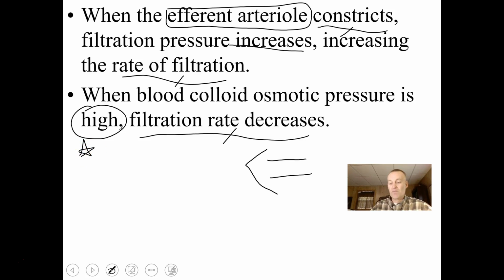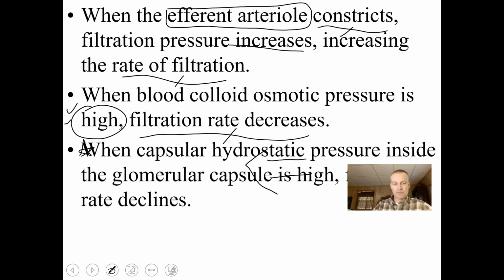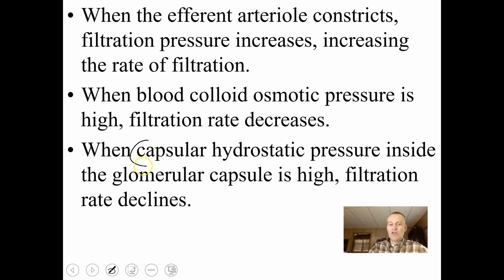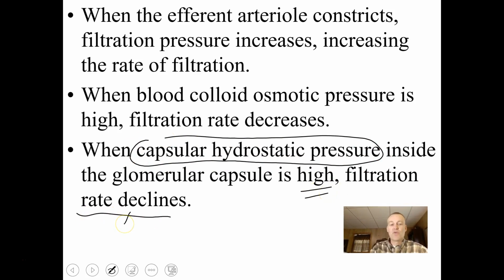So it's almost like putting salt on a slug. It sucks the water out of the slug. So if you have a high solute concentration in your bloodstream, it's going to pull that water back into the bloodstream. And you can also have a capsular hydrostatic pressure that's high, and if that happens, then the filtration rate will also decline.